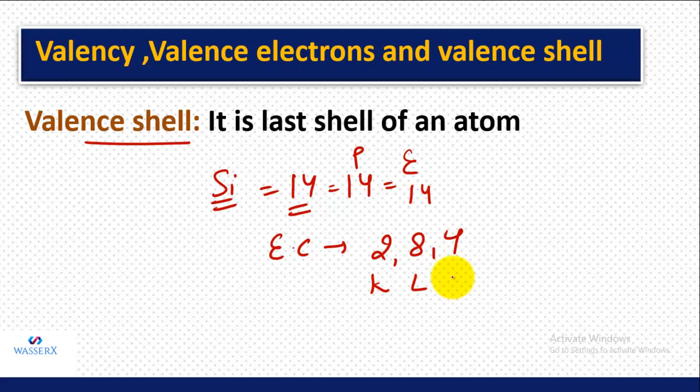If I say how many shells are filled when I am writing the electronic configuration for silicon, I see that there are 3 shells, K, L and M. So the last shell is the valence shell. So if we are talking about any atom, write down the electronic configuration, name the shells. The last shell corresponds to the valence shell. So this is how you are going to make out which is the valence shell in a given atom.